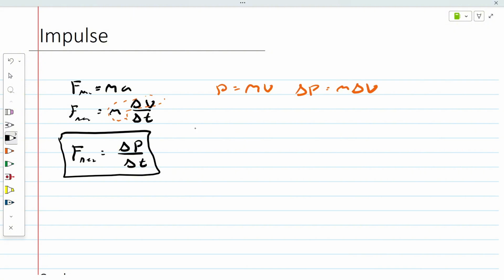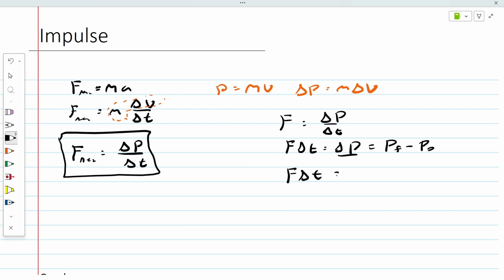And so now that we have force equals the change in momentum over the change in time, if we multiply both sides by change in time, we get the force times the change in time equals this change in momentum. We can also say P final minus P initial, but what we call this change in momentum is impulse.